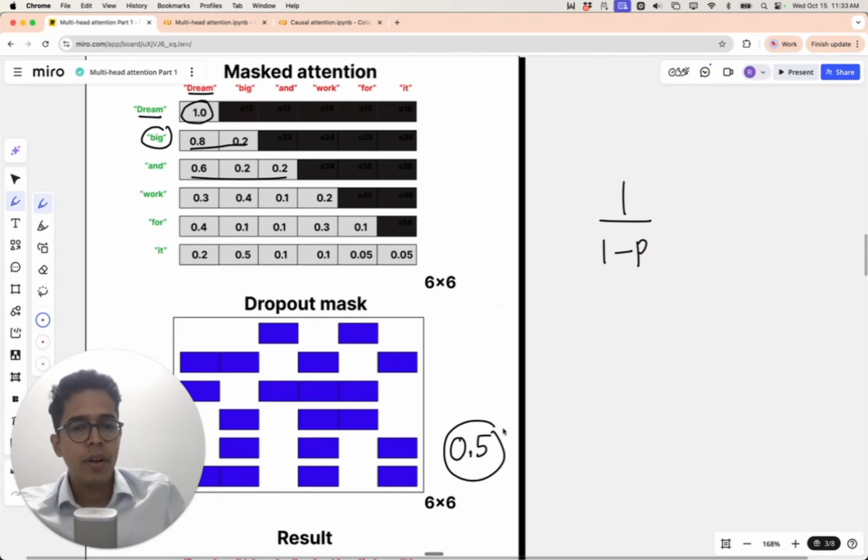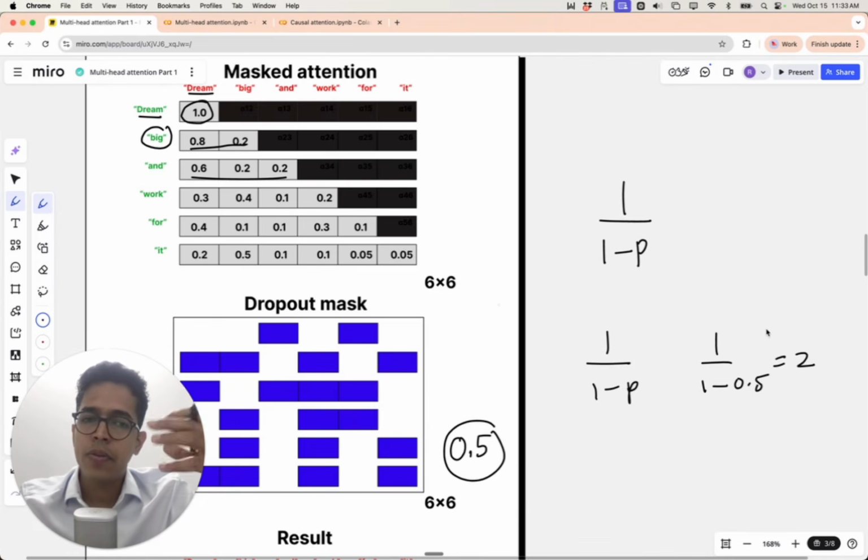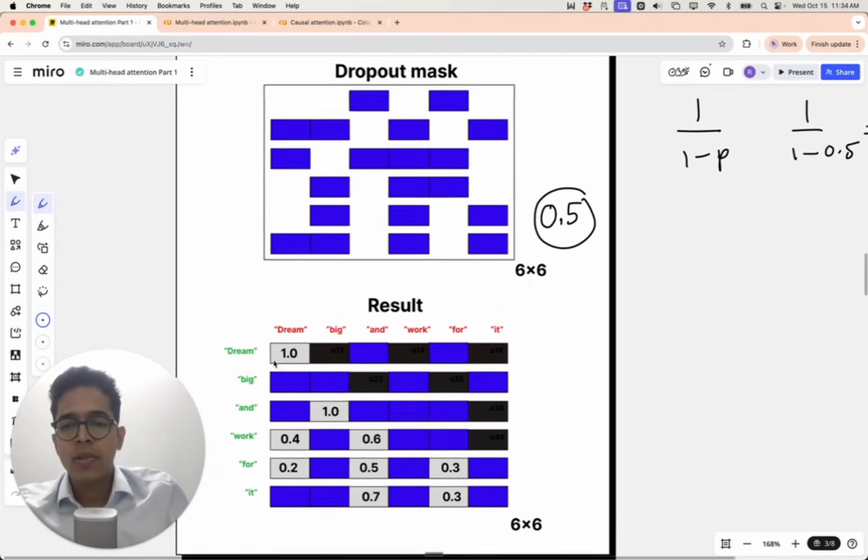So p is 0.5, and 1 by 1 minus 0.5 is equal to 2. The reason this scaling is done is that when you drop out half of your items, you only have half the items available on average. To produce output of similar magnitude with just half the weights, you have to scale those weights by a factor of 2 because half the items are missing. So in the final output, this will be 2 instead of 1.